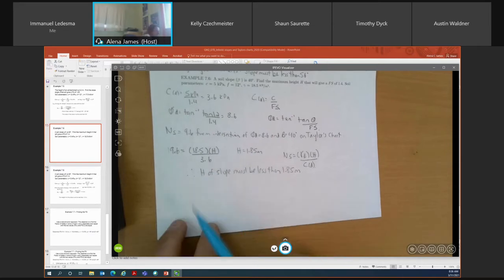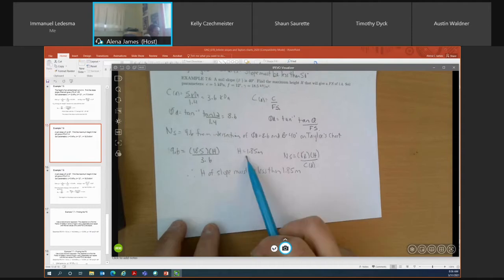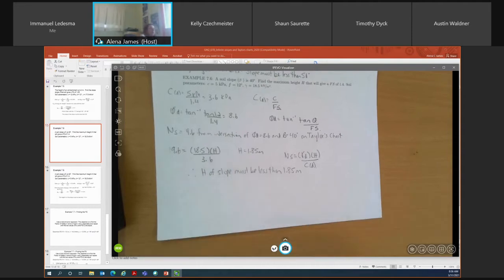So I can plug and chug through the formula, and I can calculate that the maximum height my slope can be for a factor of safety of 1.4 with a slope angle of 40 degrees and the shear strength parameters provided in the problem would be 1.85 meters. I'll leave that there for a few minutes so you can take a look.